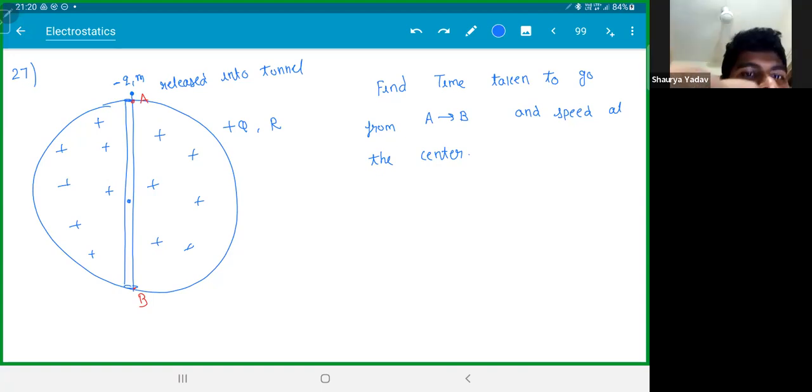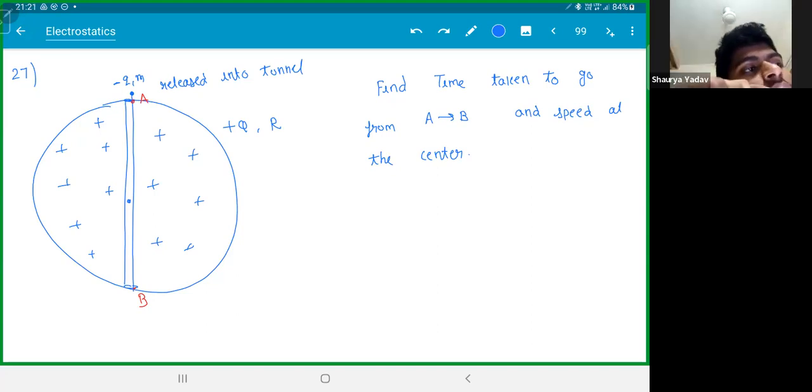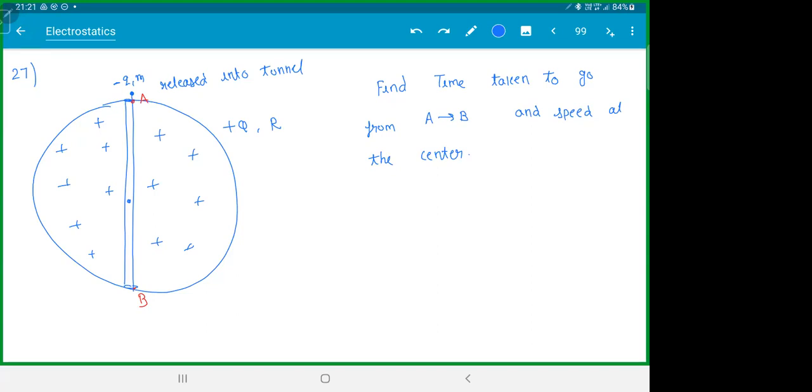The minus Q charge. You dropped it from rest, right? So when it reaches the other end, it will be at rest only. It can't gain extra energy from somewhere. How do you do this? Try. It's an SHM, everyone. Just figure out that equation a equals minus omega square x.